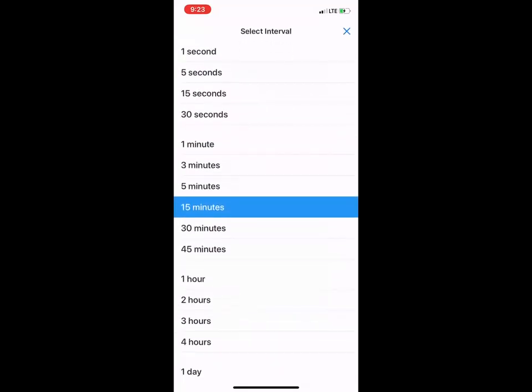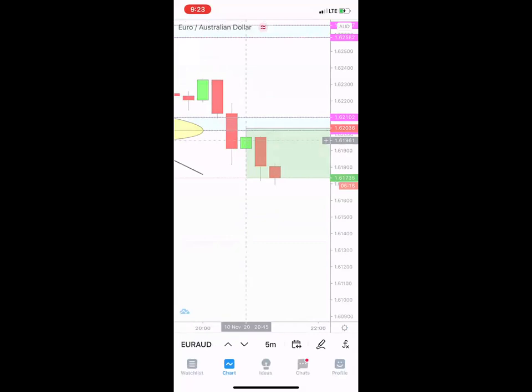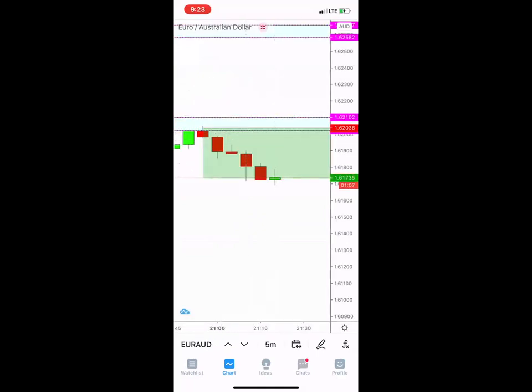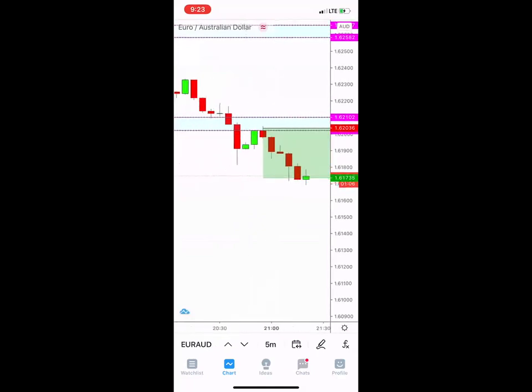So then we go down to the 5-minute, and you can actually see in detail what that 15-minute candle did. So it's these 3 candles, 1, 2, 3, equals 1 15-minute candle.